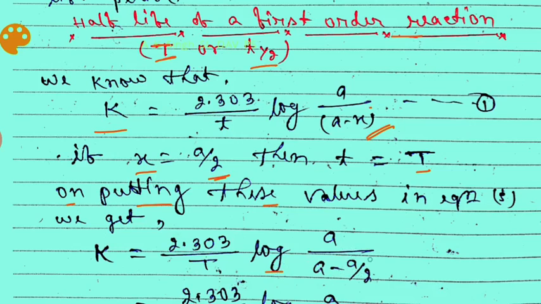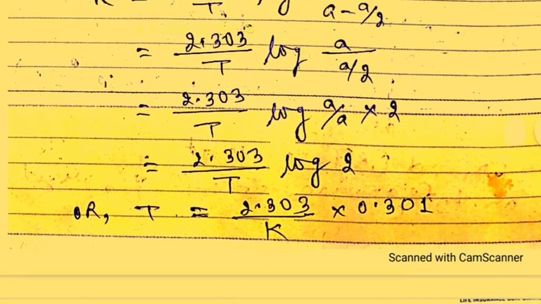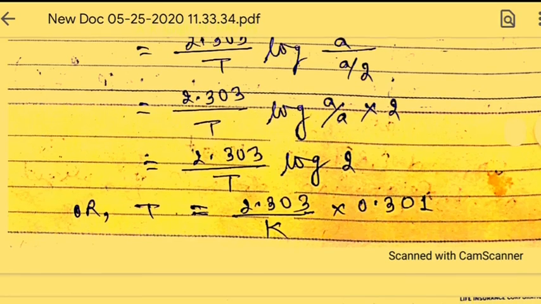In place of x, a by 2, and it will be equal to 2.303 by T log a by a by 2, is equal to 2.303 by T log a into 2 by a.